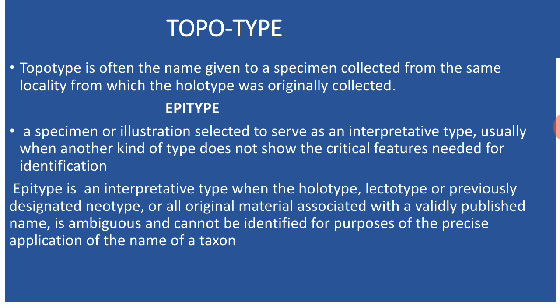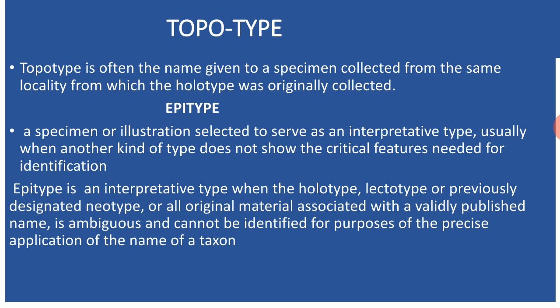Epitype is an interpretive type when the holotype, lectotype or previously designated neotype or all original material associated with the validly published name is ambiguous. One important thing is that ambiguity is associated with the epitype, and the material cannot be identified for the purpose of precise application of the name of the taxon. So there is topotype, neotype, paratype, lectotype, syntype, isotype and holotype.